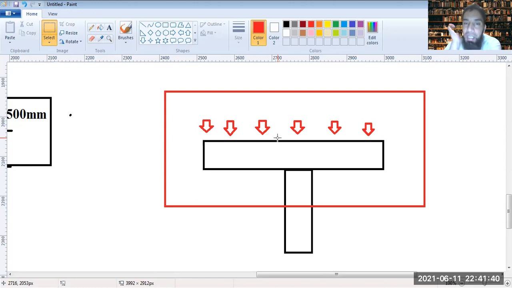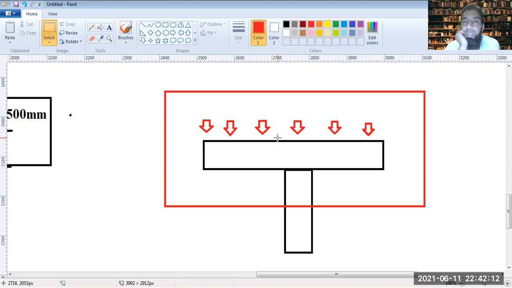So it's natural to expect that the reaction will be from the soil onto the footing, and that reaction will be greater than the load acting on the soil, unless the top layer of the soil fails and the structure settles and collapses within the soil. So as long as the design is okay, failure and settlement are not happening.